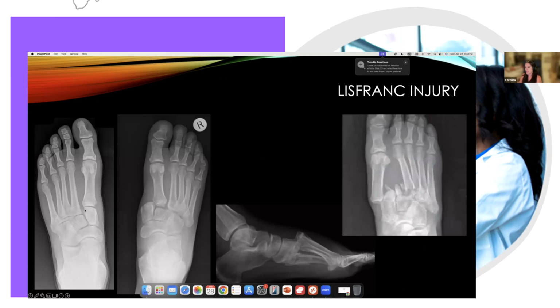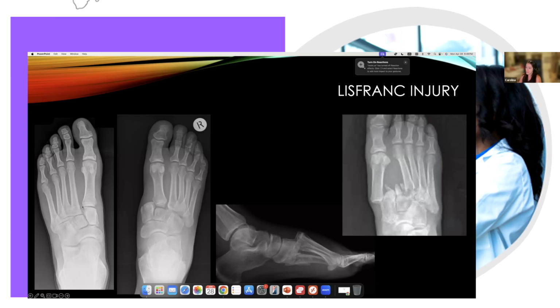So whenever there is an injury here, it's actually pretty easy for it to complicate. You tend to see this in younger athletes, and whenever that's the case, you want to inform the surgeons, because it's something that they would definitely operate on sooner rather than later.